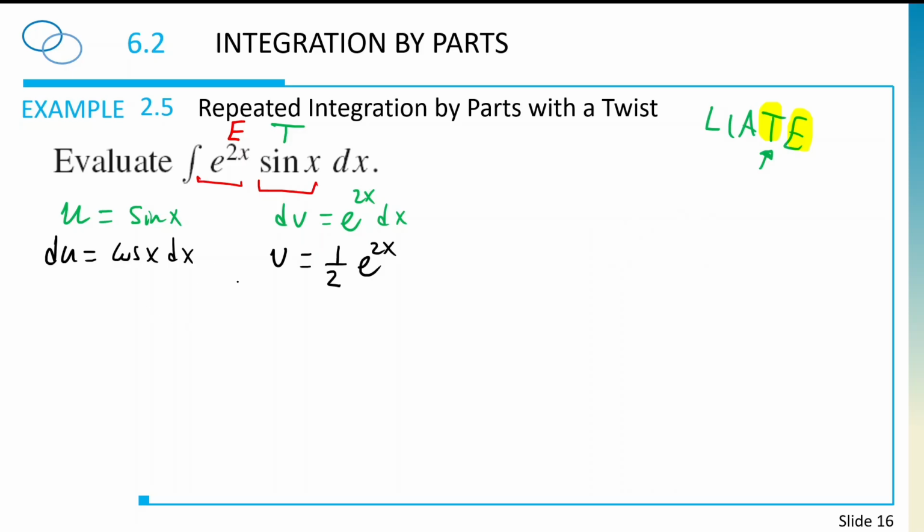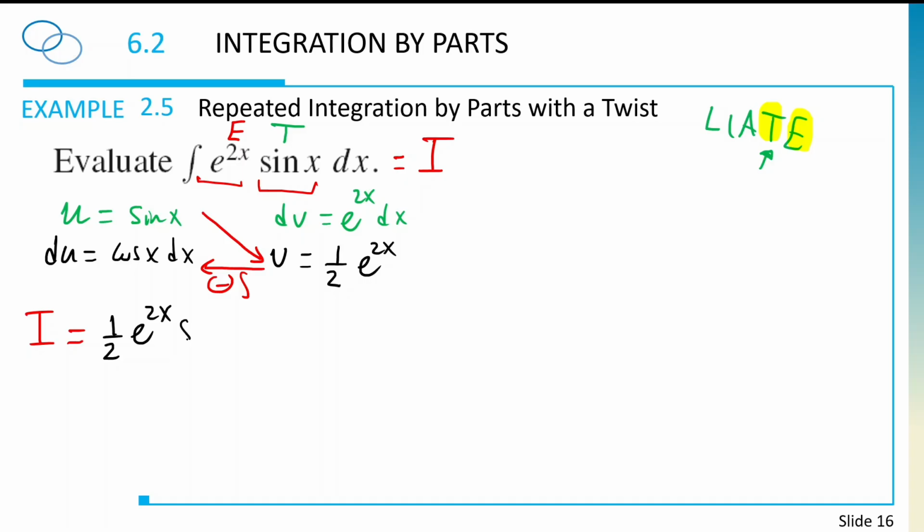Now we'll follow our usual steps. This is multiplication minus this integration. Again, I always prefer to call the original question I. So I is equal to, let's see what we get. U times V, so this one we always no need to worry about.